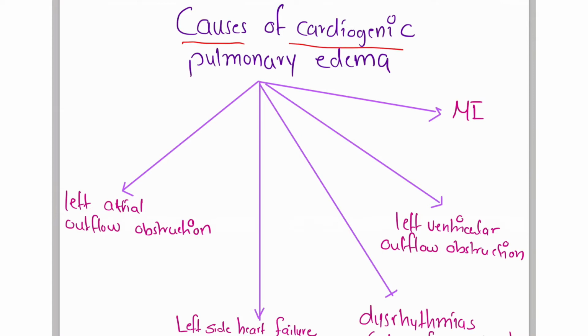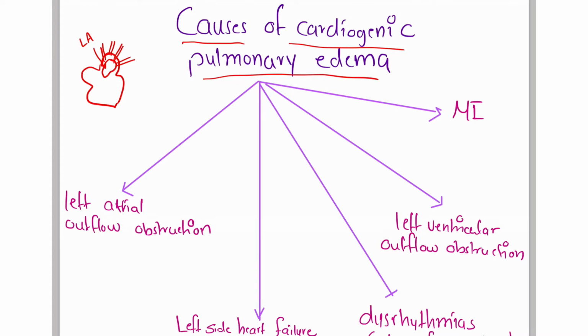Causes of cardiogenic pulmonary edema. أغلب cardiac causes of pulmonary edema راح تصير left side of the heart. ليش left side؟ لأنه نحتاج يصير عندنا fluid access inside the left atrium حتى يرجع للpulmonary veins وتصير pulmonary edema.